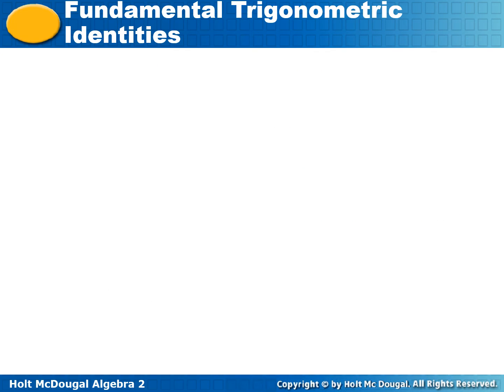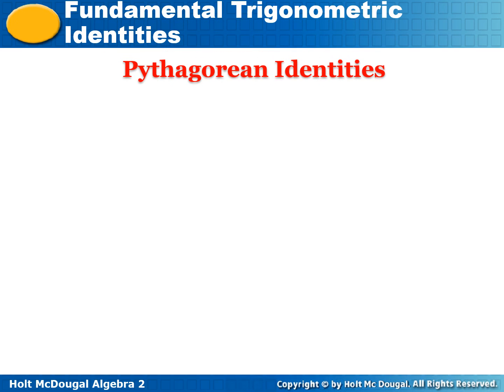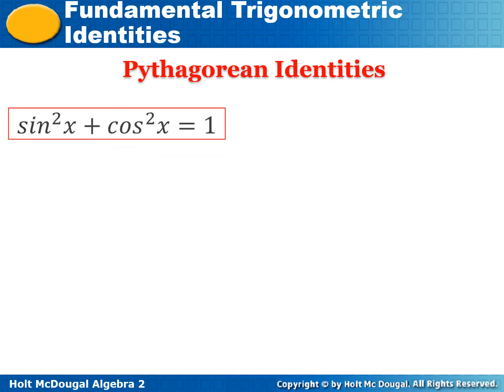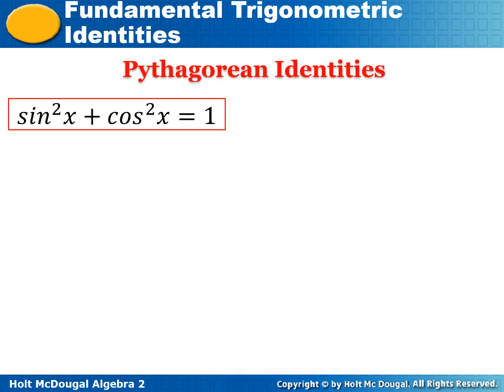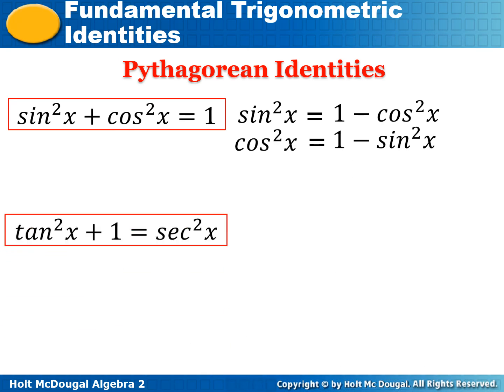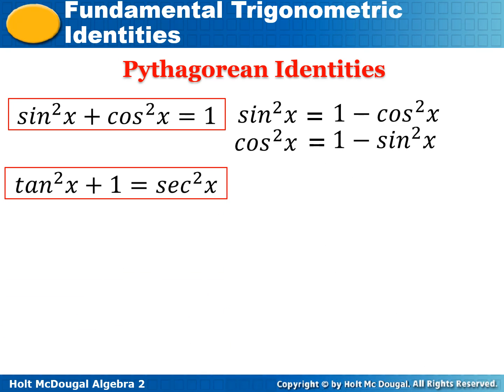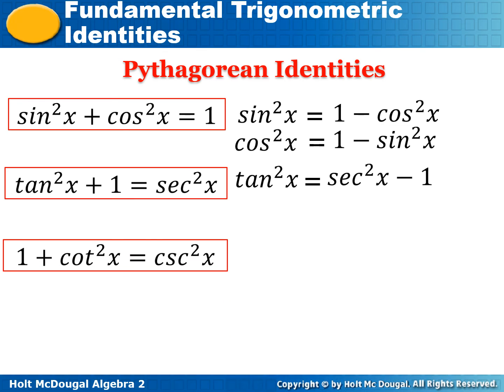So before we continue, let us recall some Pythagorean identities. From sine squared x plus cosine squared x, which is equal to 1, we have sine squared x is equal to 1 minus cosine squared x. And cosine squared x is equal to 1 minus sine squared x. From tangent squared x plus 1 is equal to secant squared x, tangent squared x is equal to secant squared x minus 1.